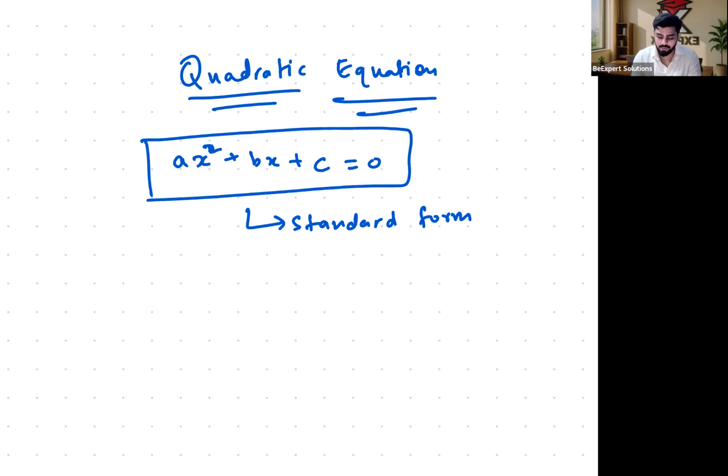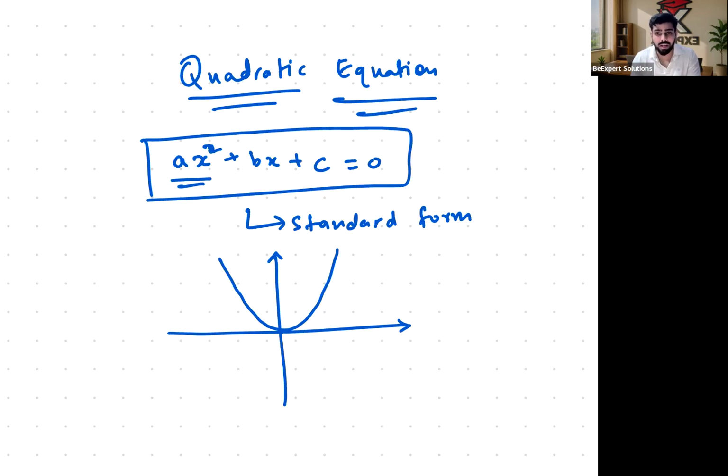If you have a graph like this, a quadratic graph would look like this, with the y-axis and the x-axis. If a is positive, the graph opens upward. Otherwise it can open downward as well. That's how a parabolic graph looks.